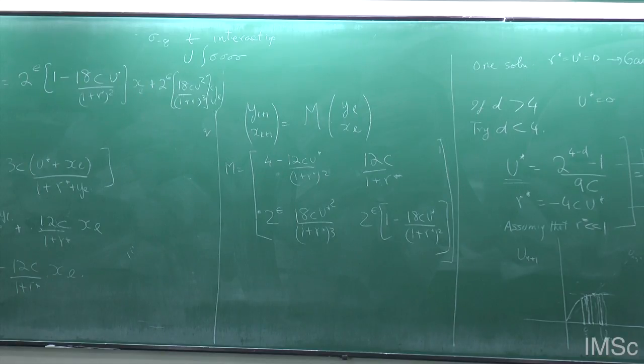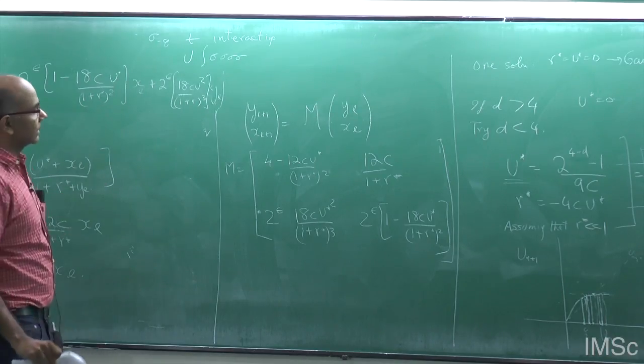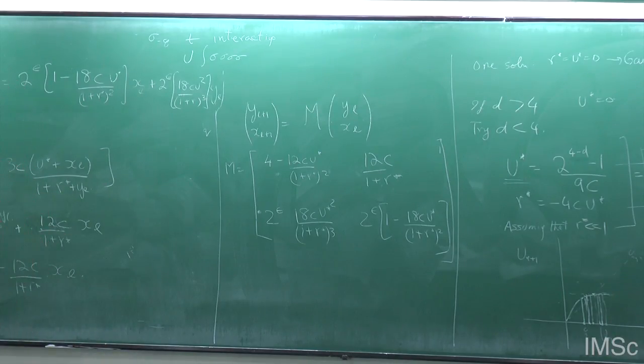I didn't work it out. Just like you did the Y_l, you repeat the steps for the X_l. I've erased the equation. I had the recursion relation for U and R. I worked out explicitly the R. Same way you work out the U. Just take the linear part, you'll get this.